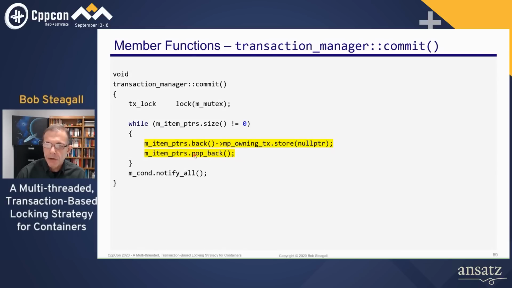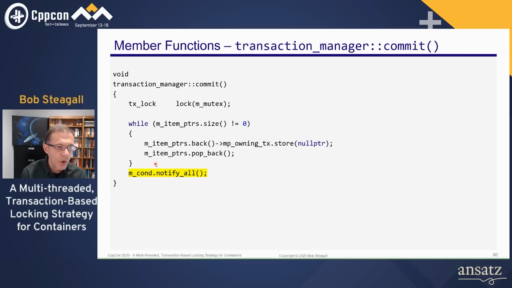And then I'm going to pop it off the back of the array. So for all of the elements that were part of the update group, I have set their transaction manager pointer back to the null pointer atomically, indicating that these elements are no longer locked. And finally, at the bottom, I will broadcast on my condition variable.